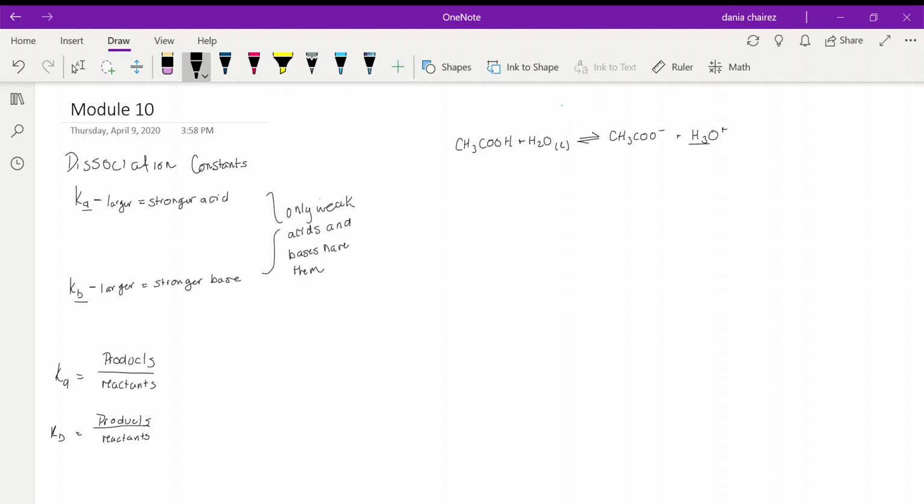This right here tells you that you started off with an acid, even if you didn't know it was acetic acid. So then you're going to have a Ka. To write the Ka expression, I would just write the acetate ion times the hydronium ion all over acetic acid.